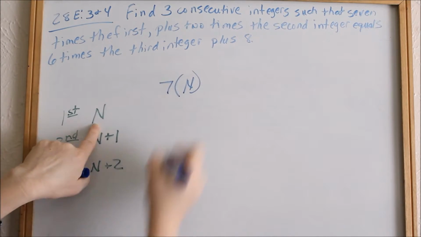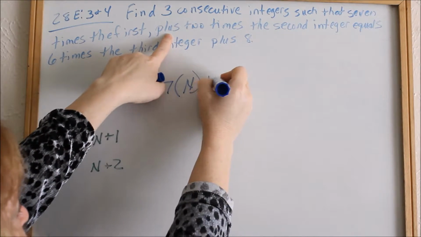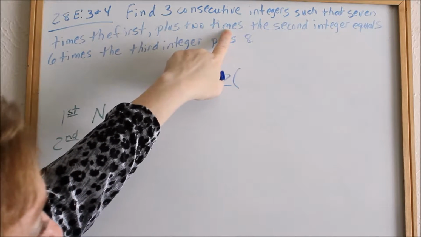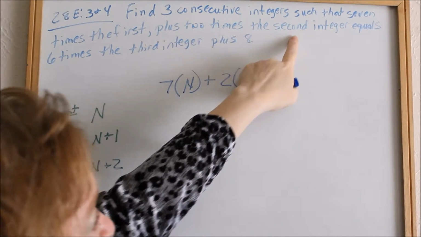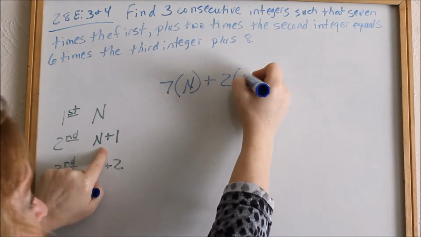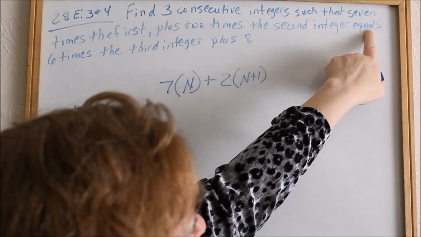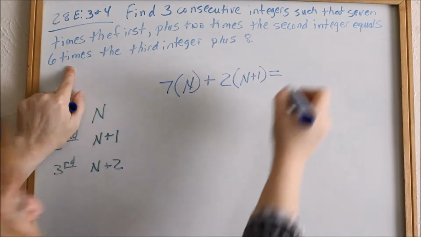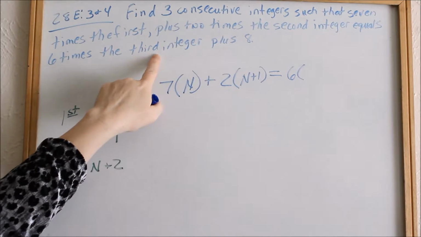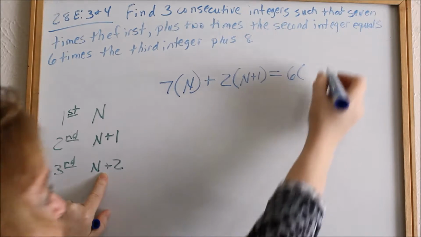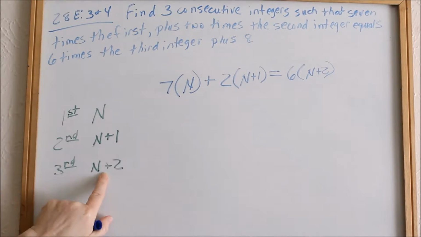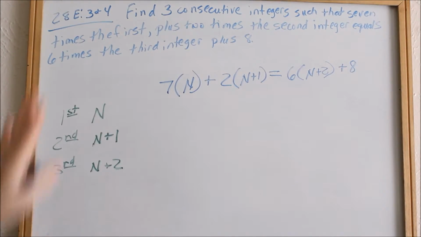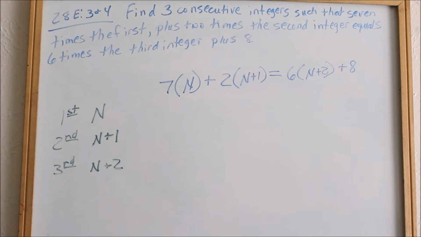So 7 times the first integer, plus 2 times, because parentheses tells me times, the second integer, n plus 1, equals, so I'm literally going word for word, 6 times the third integer, n plus 2, plus 8. So I literally just took it word for word and turned it into an equation.